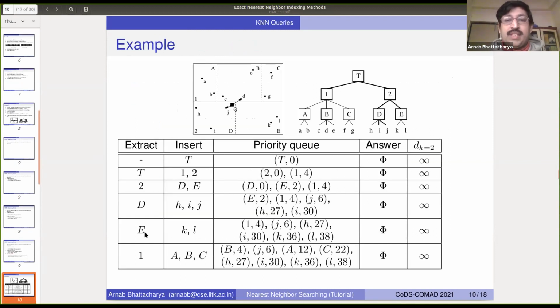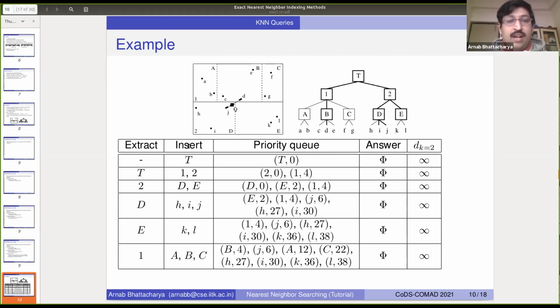So here is just a complete example. In the interest of time, I will not go over all of it, but just to give you an idea. At the current time, the priority queue contains only T. The estimate is 0 because Q is within T, and I have not found any answers.